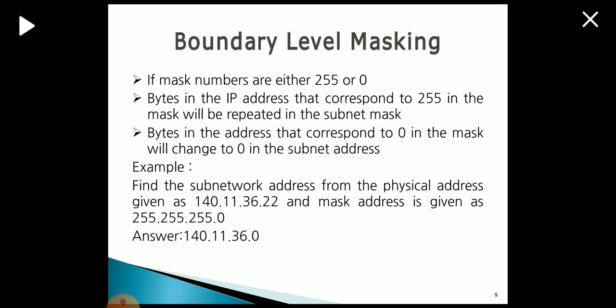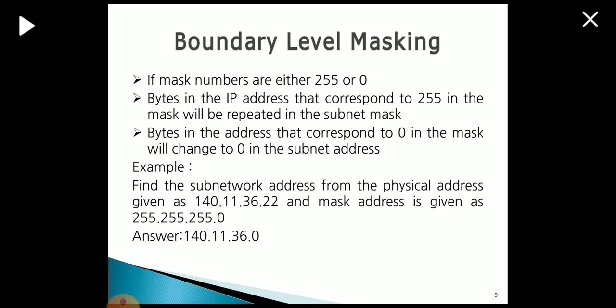Now the answer is 140 because 255 and 140, according to boundary level masking, will return 140. Now 11 because 255 and 11 will return 11. 255 and 36 will return 36, and according to boundary level masking, 0 and 22 will return the value 0.